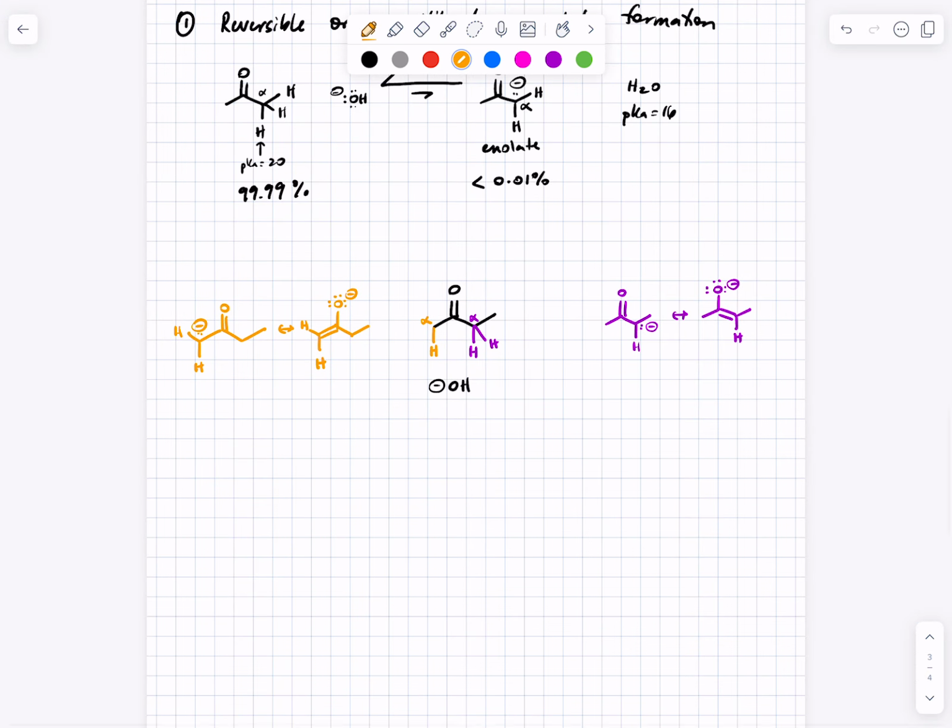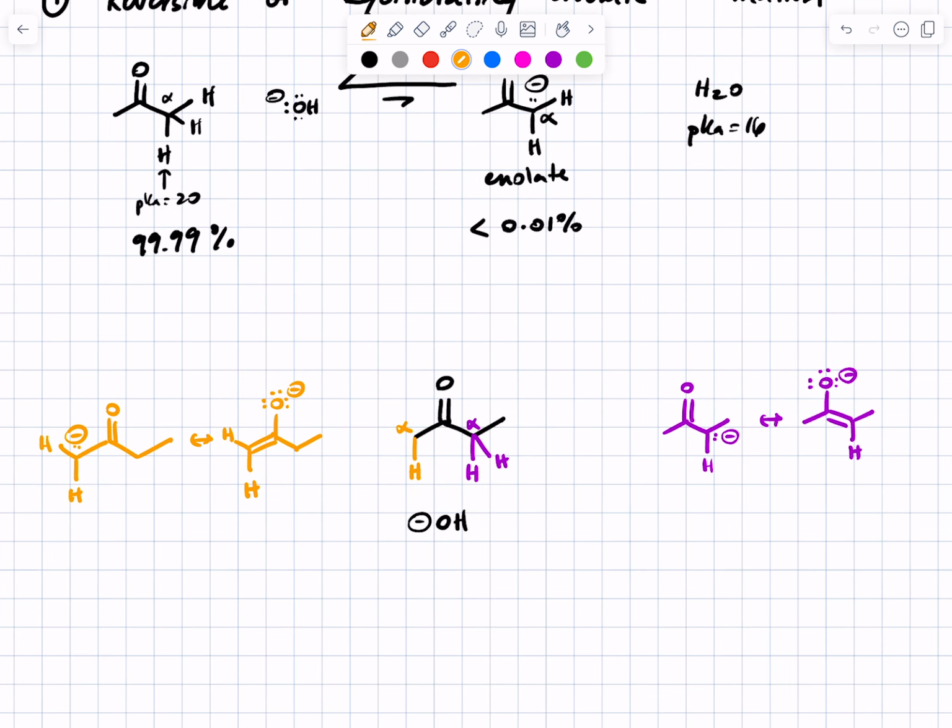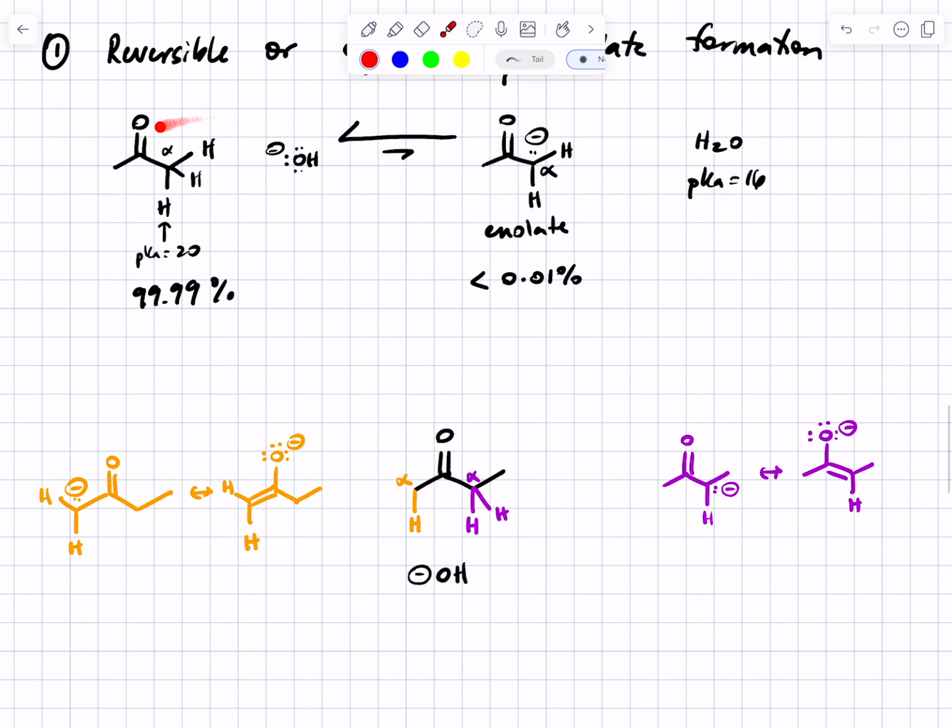All right, so I've got two different possibilities. Now, before we consider which possibility is more favorable, let's just think overall about what we said above, for this example above here.